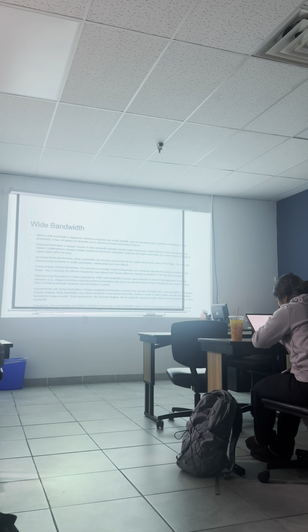So if I told you guys that the highest frequency that was emitted was 10 megahertz and the lowest frequency was 2 megahertz, what's the bandwidth? Okay, 8. Now, if the highest was 5 and the lowest was 5, what's our bandwidth? 0. So what type of probe is a 0?